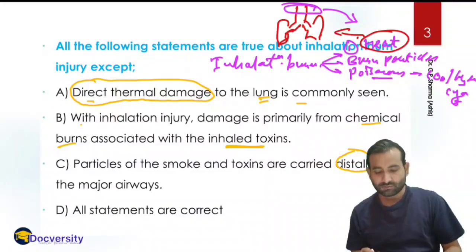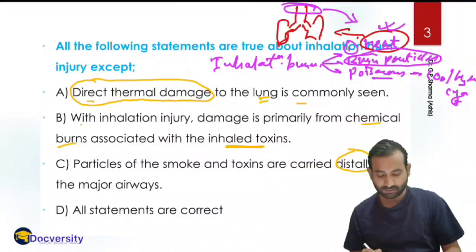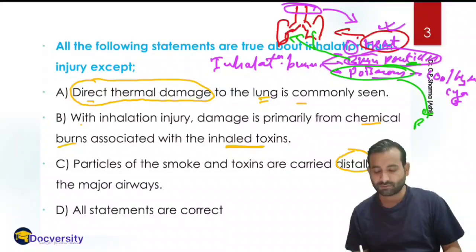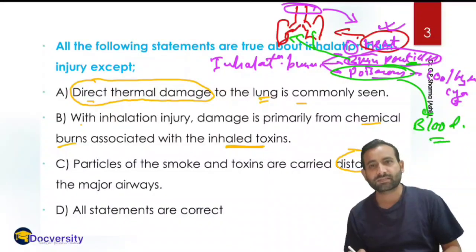So upper airway damage is caused by heat. Lower airway damage is caused by the burn particles, which reach the lower airways, and the poisonous effects reach the blood, so they produce systemic effects.